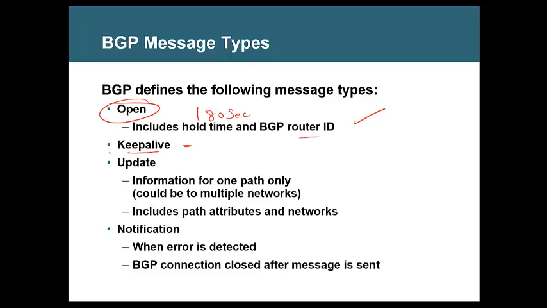Next is the update packet. Update packets are sent only with the neighbor with whom the three-way handshake, open message, everything is successful. The update is nothing but the routing information with attributes.